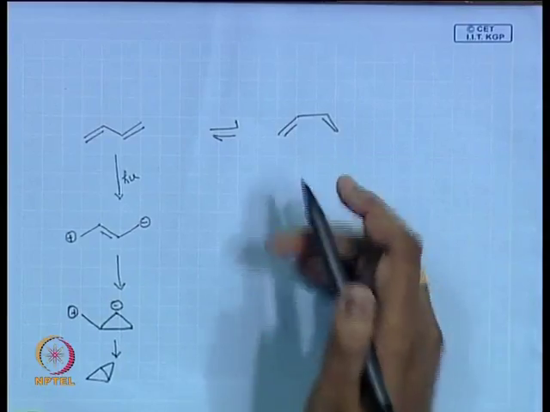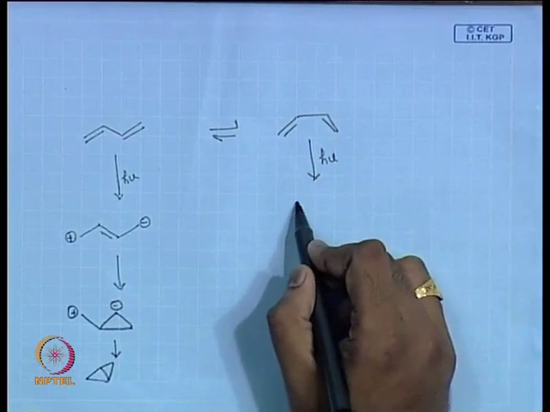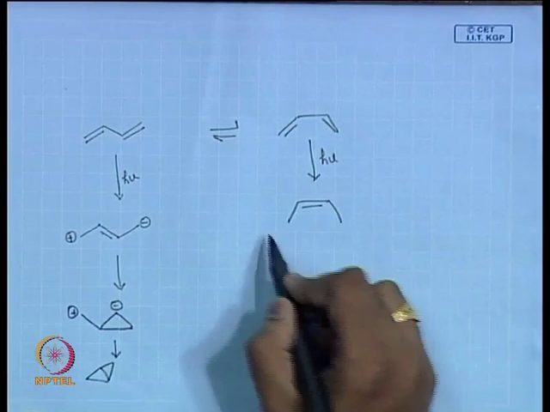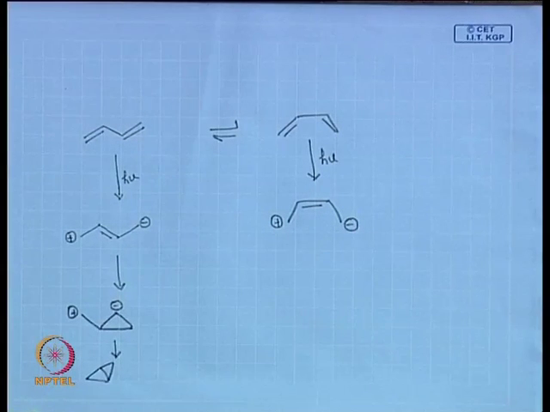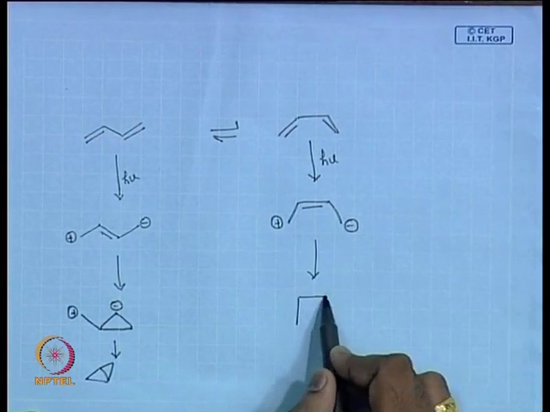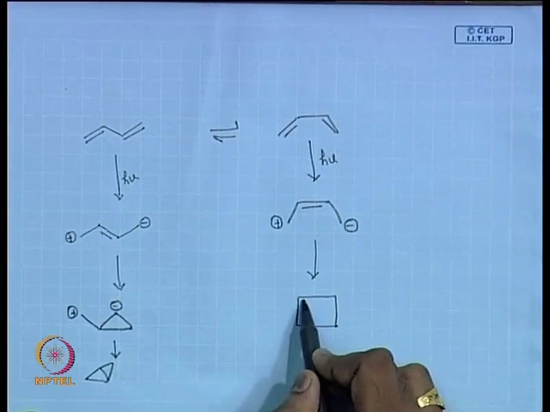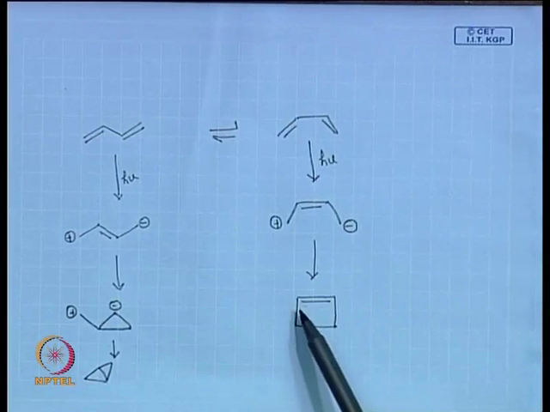When I irradiate this one, because this is also in the solution, you get this product. So, basically when you are photolysing, this is direct excitation, you get these 2 products.